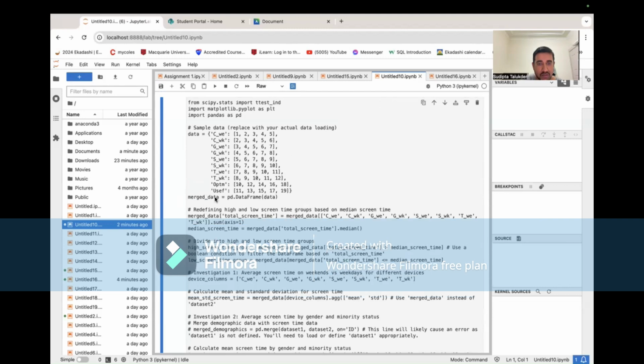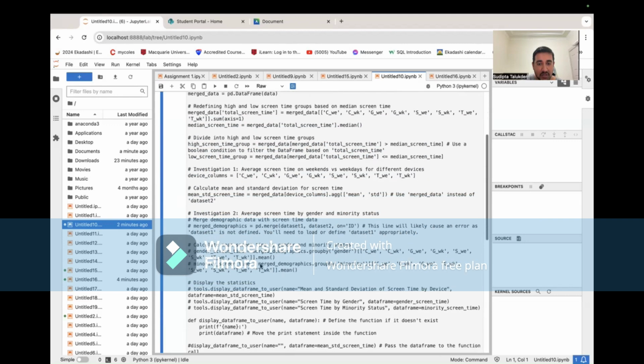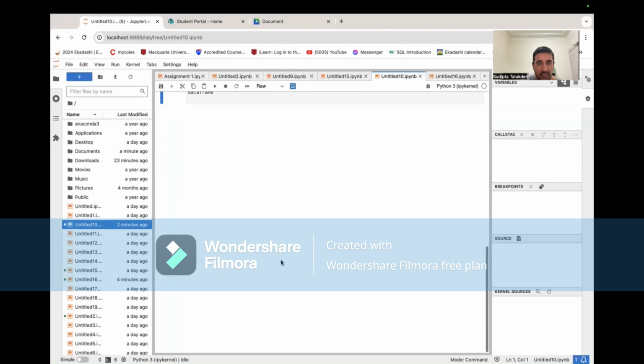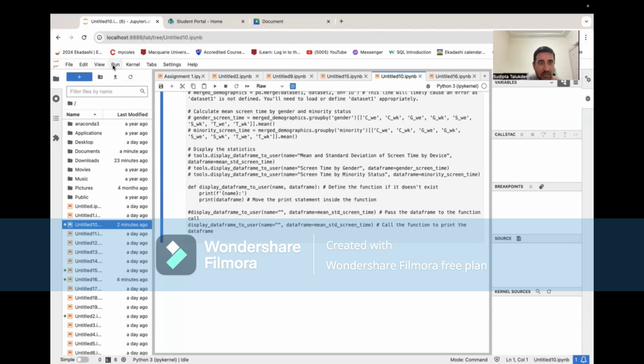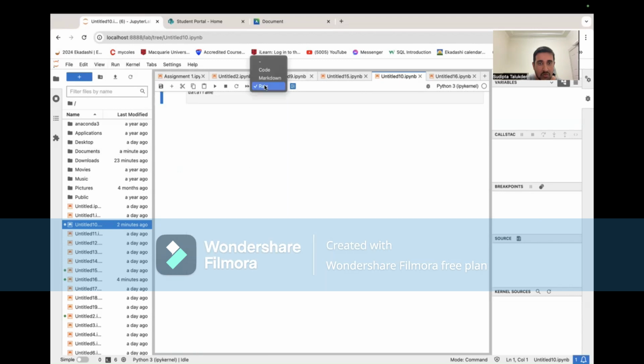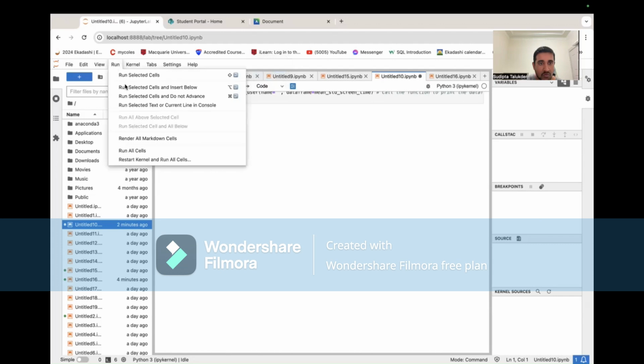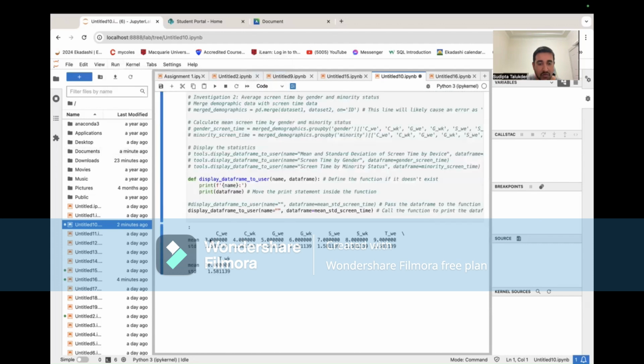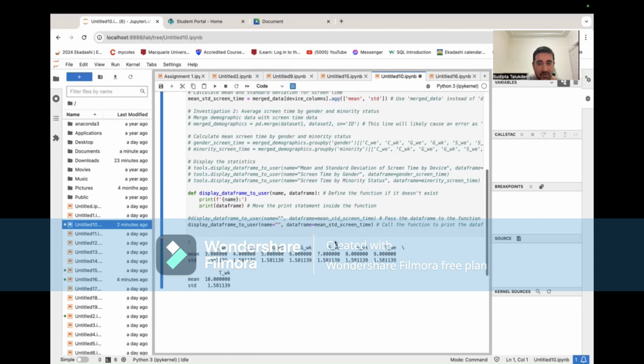First, we merge the data and define high and low screen time groups based on median screen time, from different weeks, and then divide into high and low screen time groups. We also calculate the mean screen time by gender and minority status. Now I will run. Here we find the mean and standard deviation.